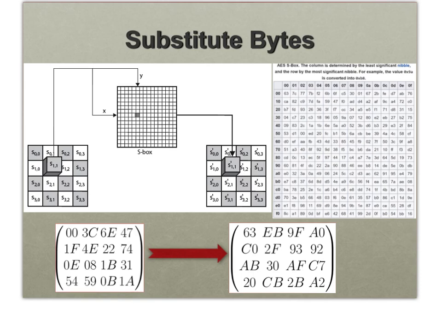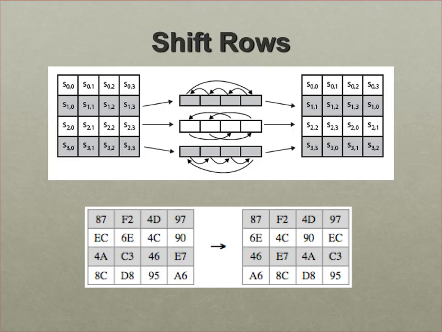Add means XOR. Same thing. So 3 and C, EB. We put EB. That's it. Very straightforward. And this lookup table is published. It's well known. So this substitute operation is very simple and straightforward.